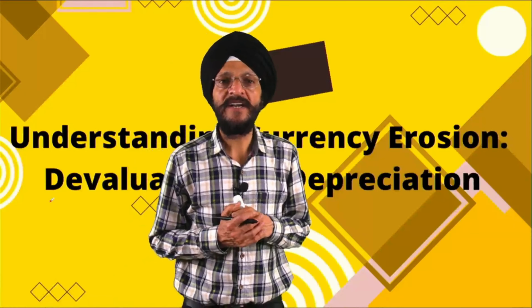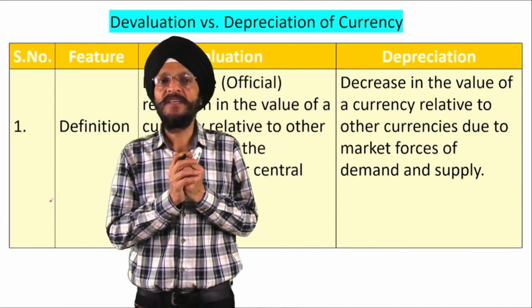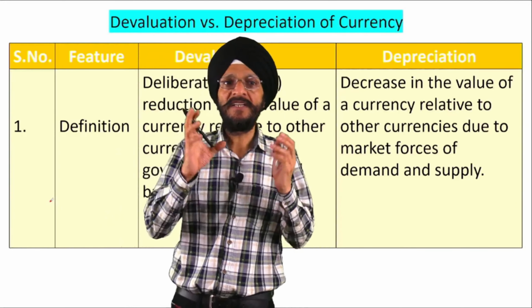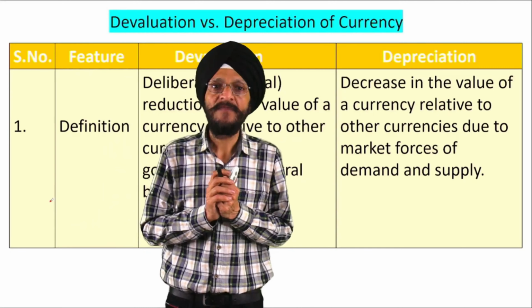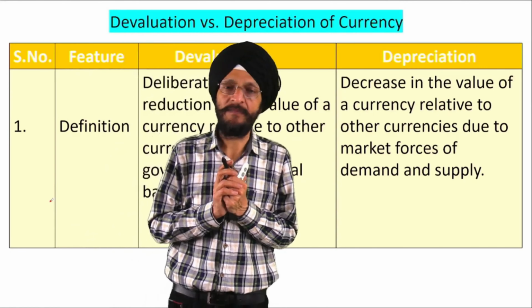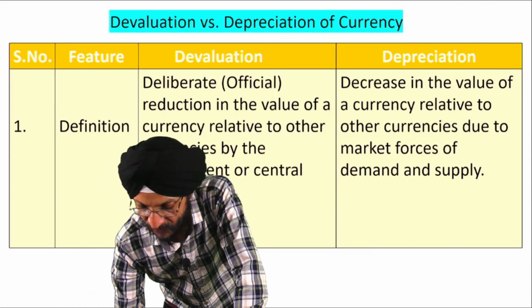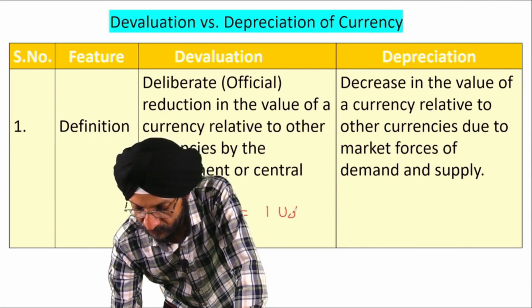First, we will understand the difference on the point of definition. Devaluation is the deliberate or official reduction in the value of a currency relative to other currencies by the government or central bank. What does it mean? We are living in India and approximately 83 Indian rupees are equal to 1 US dollar.